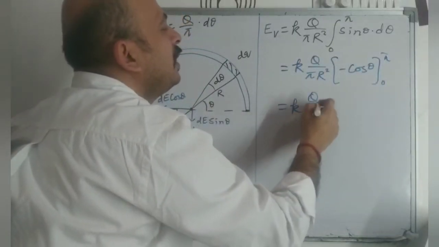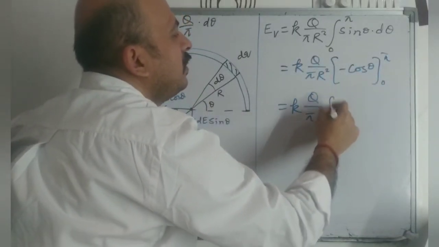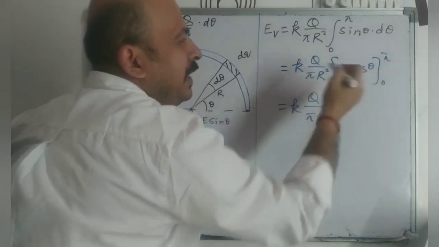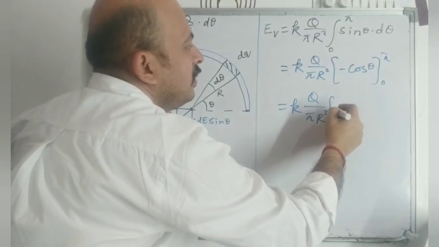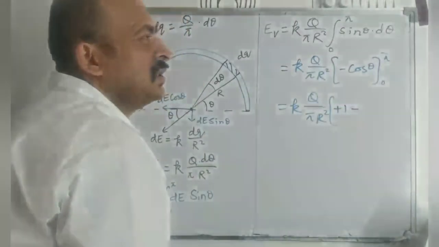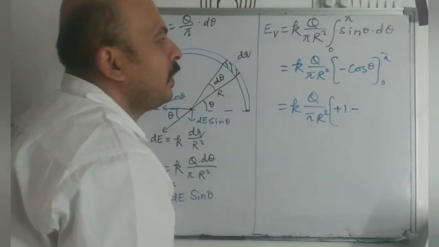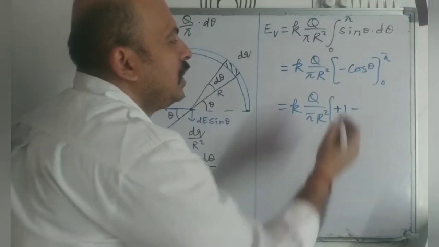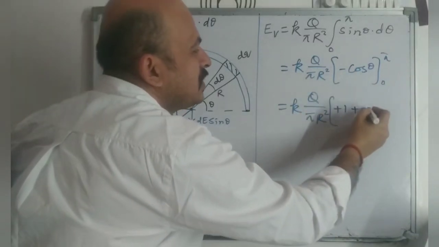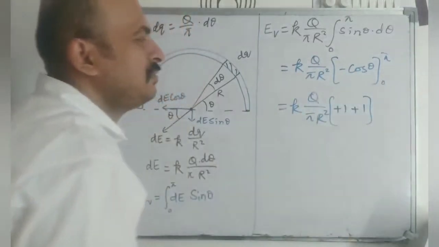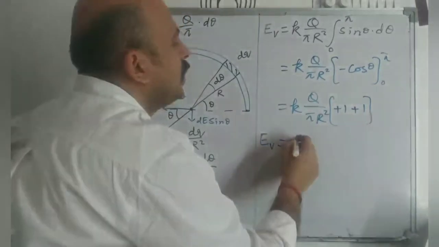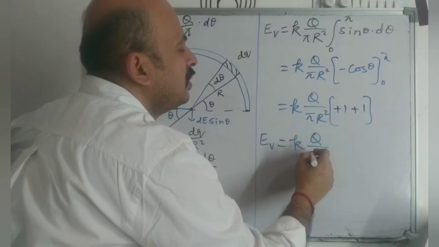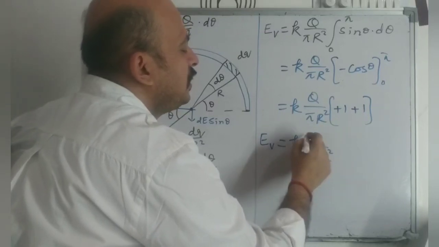Now K capital Q upon pi r square into minus cos pi. Cos pi is minus 1, so minus minus plus 1. Minus cos 0, cos 0 is 1. So it becomes 1 plus 1, 2. So E vertical component will be equal to K capital Q upon pi r square into 2.